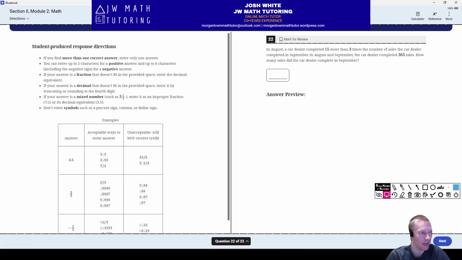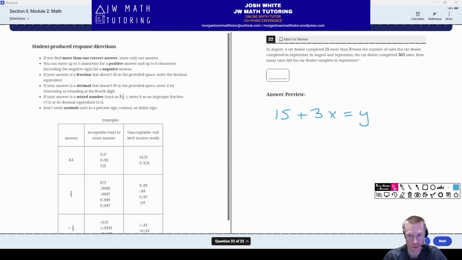All right, next up we have number 22. Basically what's going on here is you have this car dealer is selling 15 more than, so that's going to be plus 15 or 15 plus, 3 times the number of cars sold in September.